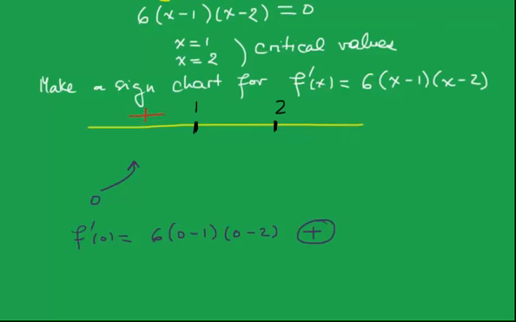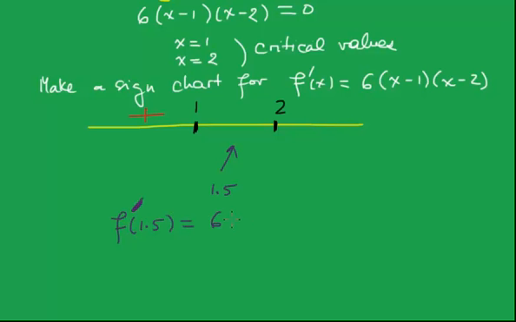Now let's pick a test point between 1 and 2. For example, we can pick 1.5, and we're going to compute f prime of 1.5.